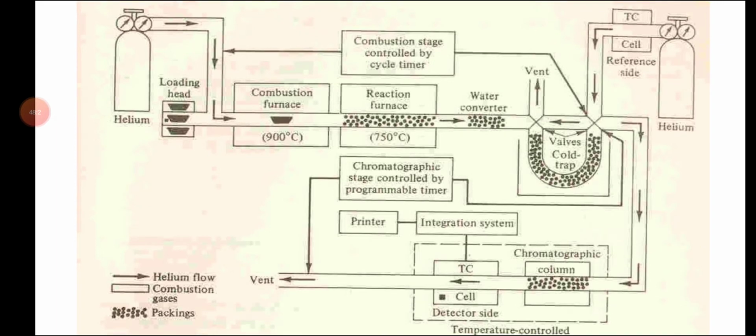Chromatography is a physical method of separation of a sample by distribution between two phases. One is a stationary phase of large area, another is a mobile phase. The sample is carried in the mobile phase by helium gas into the column.